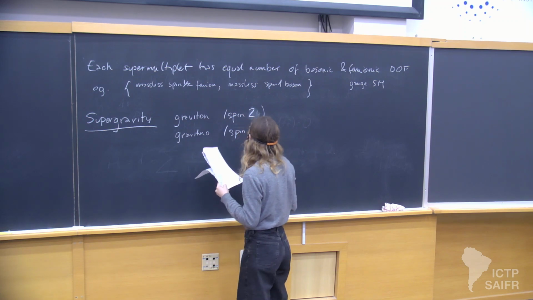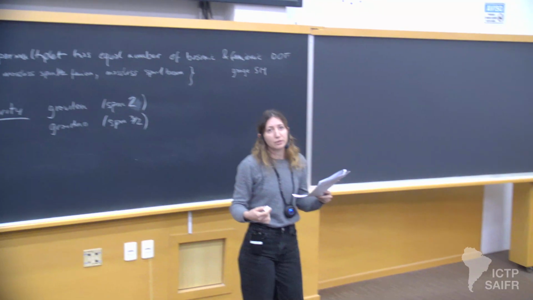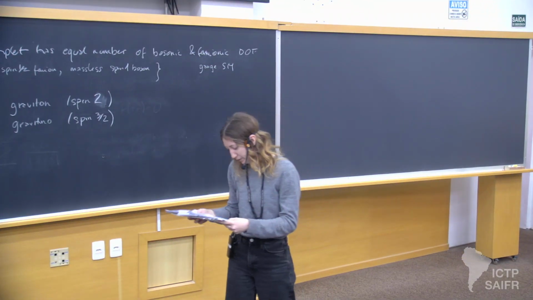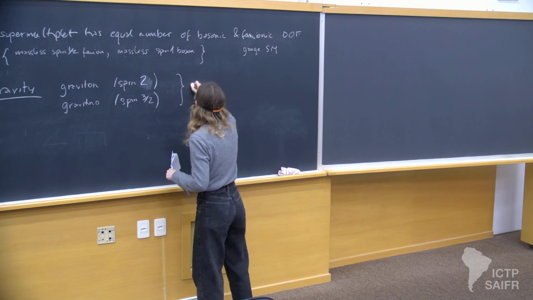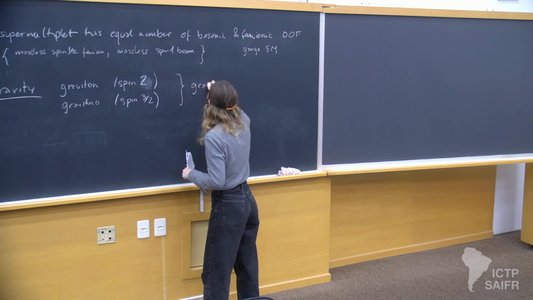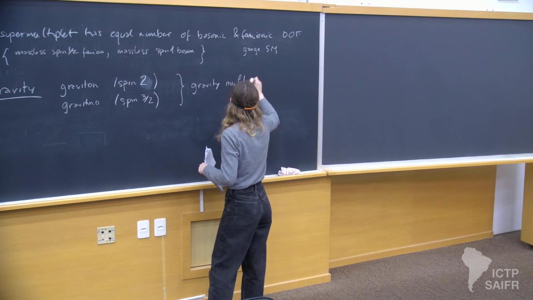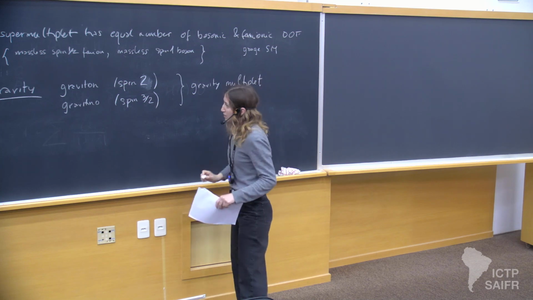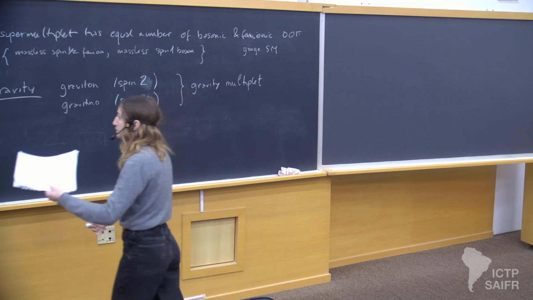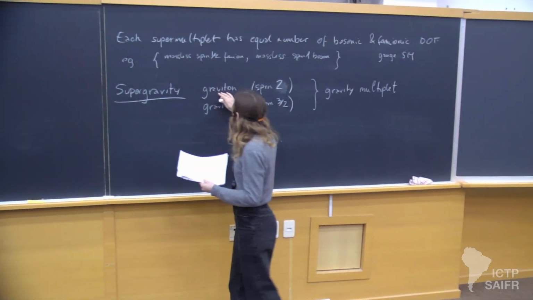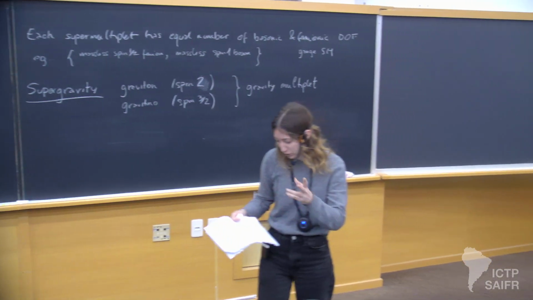It's a fermion, but it satisfies the Rarita-Schwinger equation. This corresponds to the so-called gravity multiplet. So to repeat once again, whenever you have supersymmetry, to each particle corresponds a superpartner of spin that differs in general by 1/2.